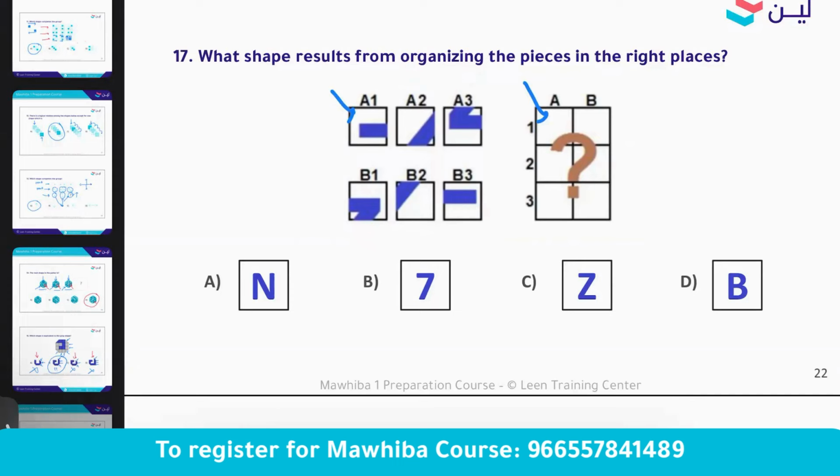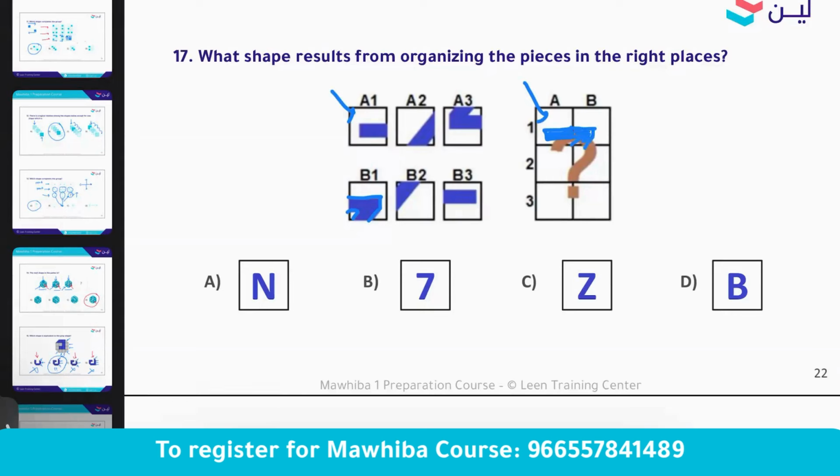I will draw a rectangle, or you can say a horizontal line, but let me call it a rectangle in a position that is so close to the bottom of the square. Now let me move on to B, to B1. B1, I need to draw this shape. I'm going to try to replicate this shape over here.